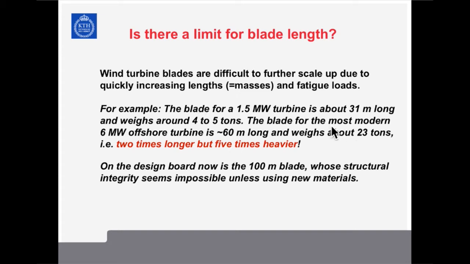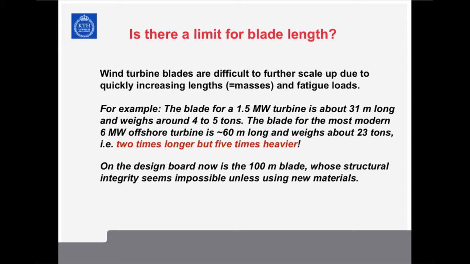The modern blade for the 6-7 megawatt machine, somewhat above 60 meters long for the 125-130 meter rotor diameter, is approximately 23 tons heavy. What does this mean?